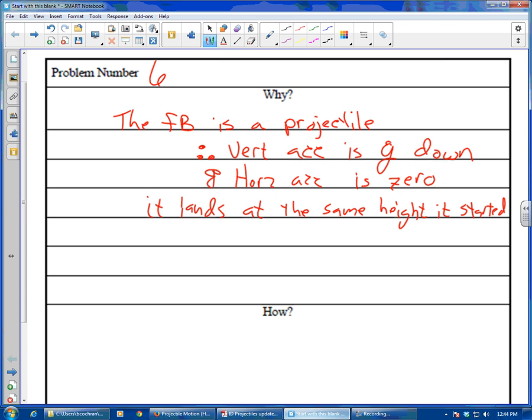It's going to go up, stop, and come back down. Because it lands at that same height, whatever velocity it goes up with, it's going to come down with the opposite velocity, right? So some of those type things could be in your Y.